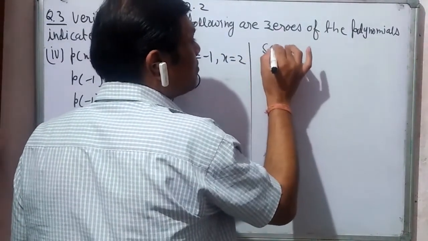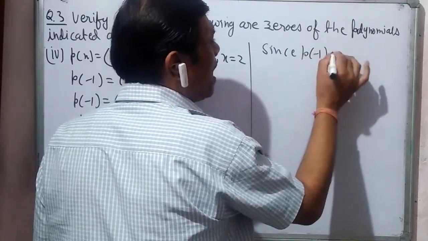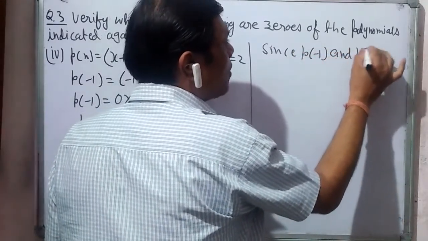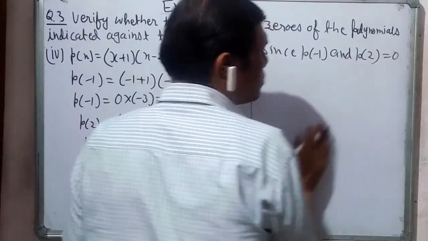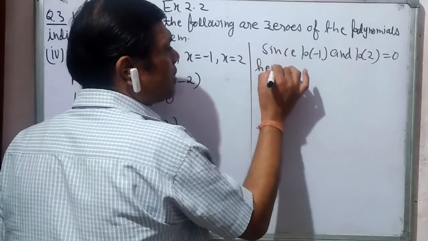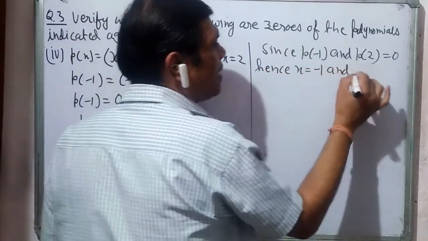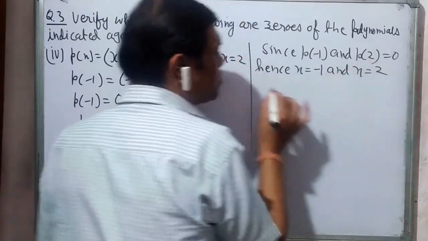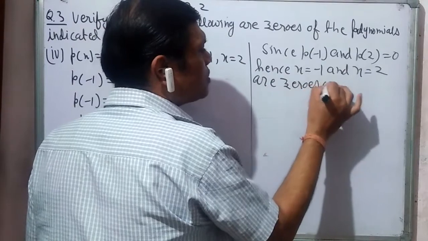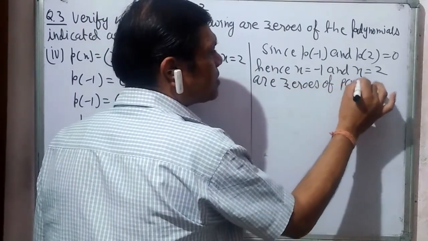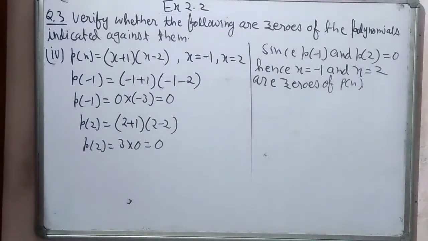That means we can say, since p of minus 1 and the polynomial's value at 2 are 0, hence x equals minus 1 and x equals 2 are zeros of p(x). Both are the zeros of the polynomial.